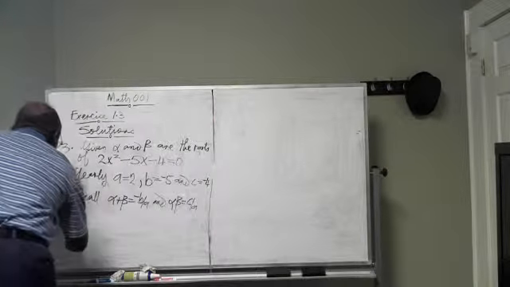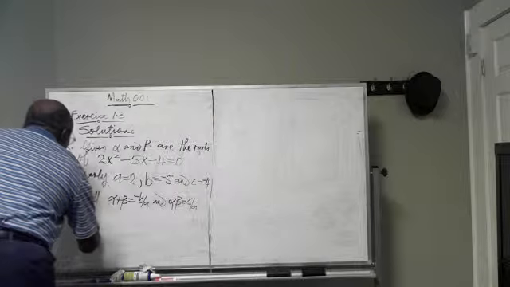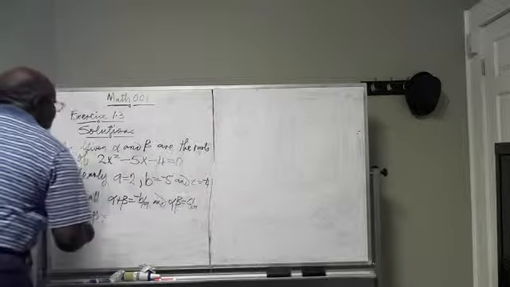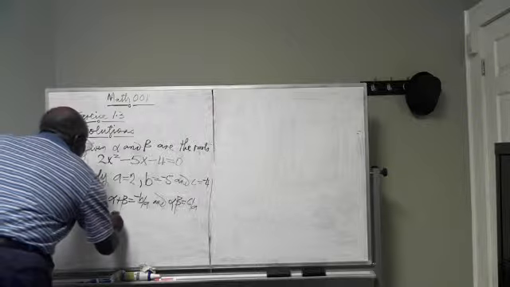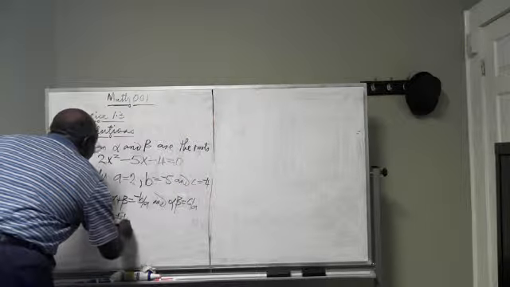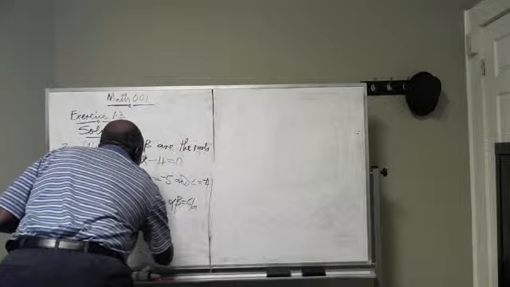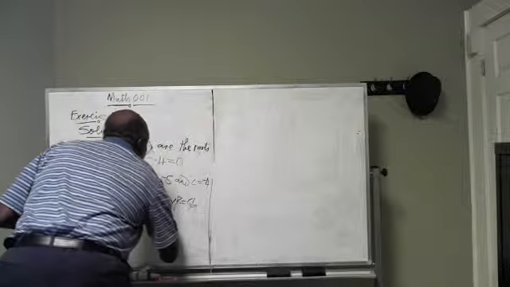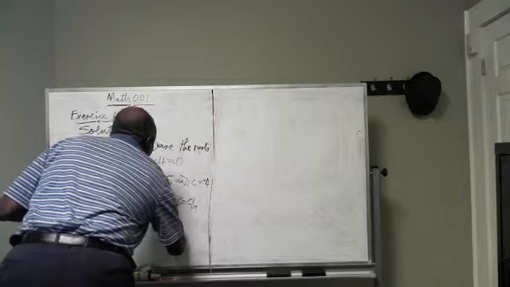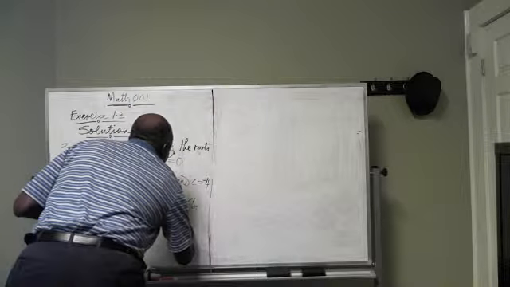This implies in this case that alpha plus beta equals minus 5 over 2 and alpha beta equals minus 4 over 2, which is equal to minus 2.